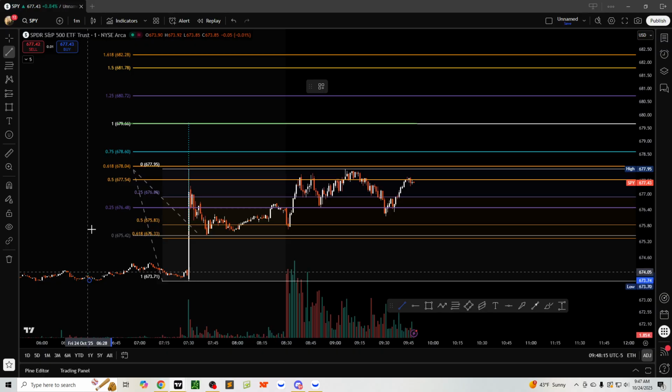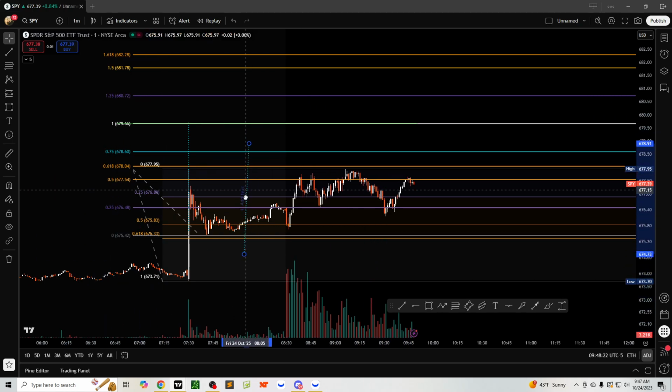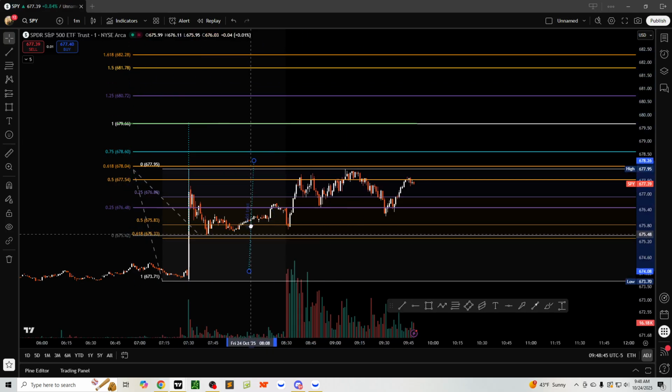There's so many different ways to teach it. So this to this, the full move, is the same thing as the bottom here, where we bounced, to the 1. Measured moves, measured moves. So all I have to do is take whatever the pullback was, whether it was a 0.5, 0.618, measure the full move, put it at the bottom, and find the top.